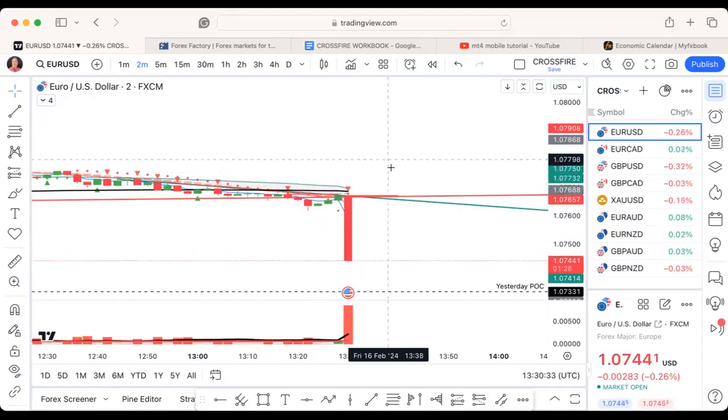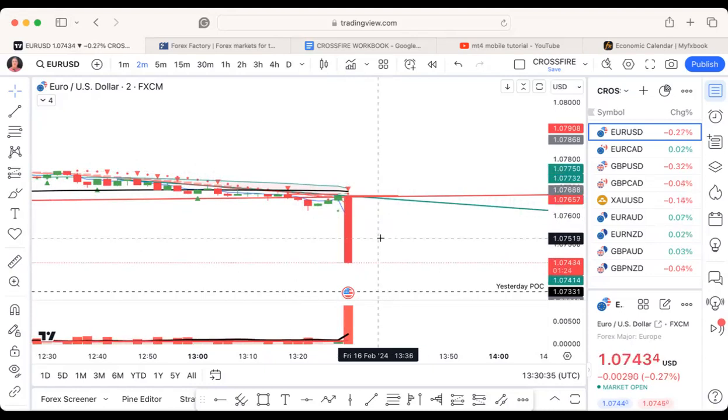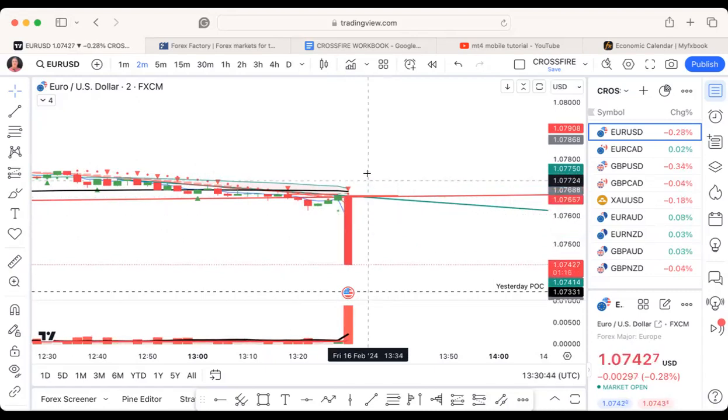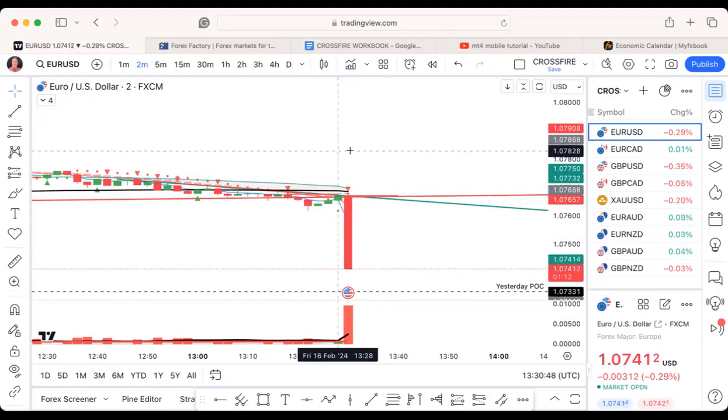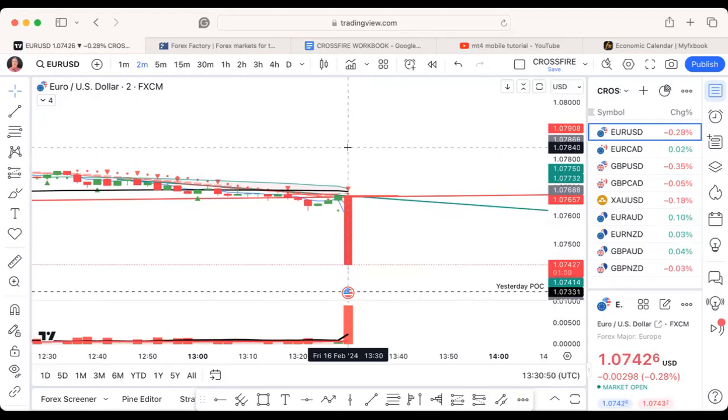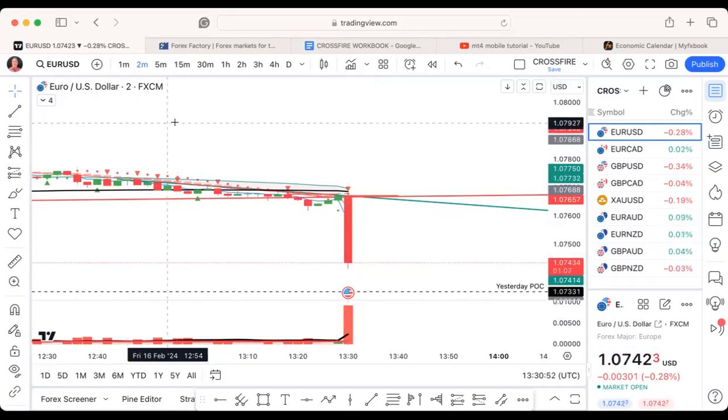That's not entirely the reason for price movement. There's two reasons price moves. One is genuine market response. So whatever happened in the US dollar was good for the US dollar, because the US dollar has gained in strength in relation to the euro.